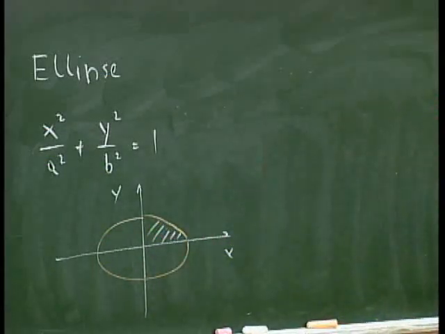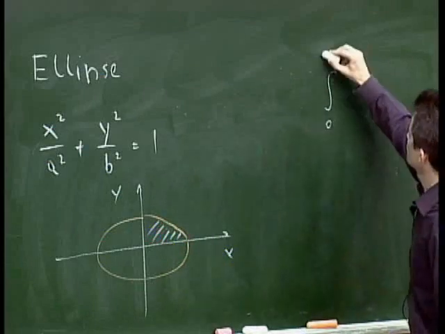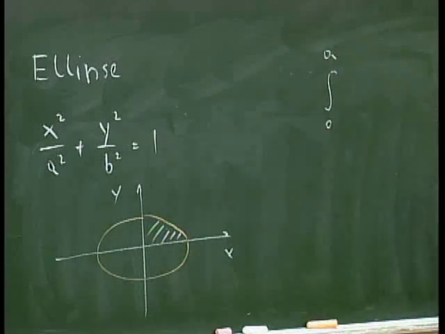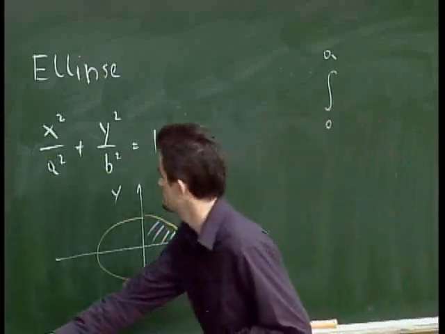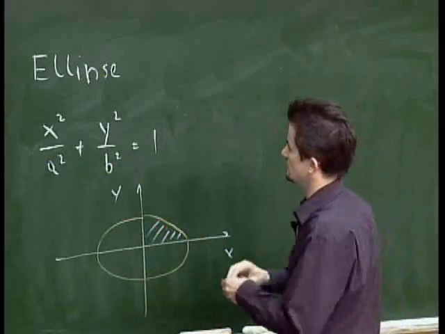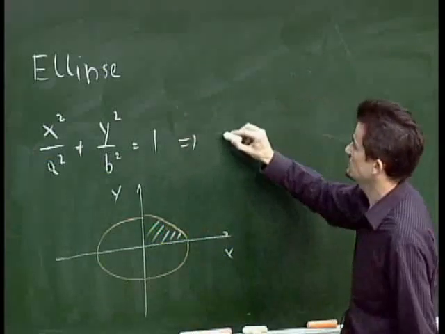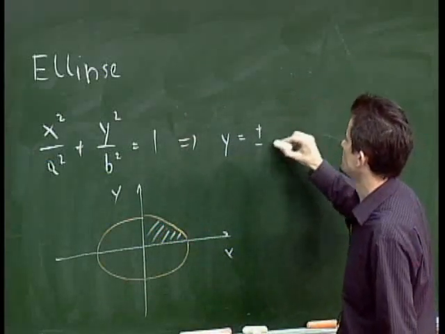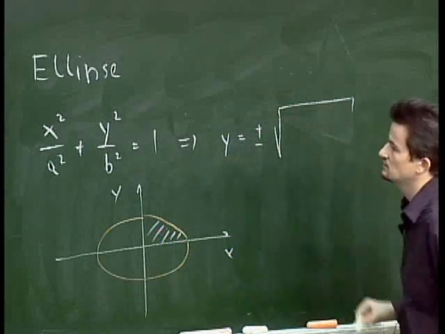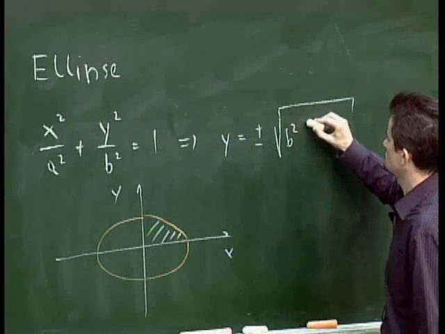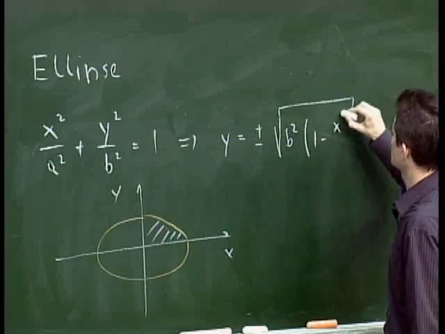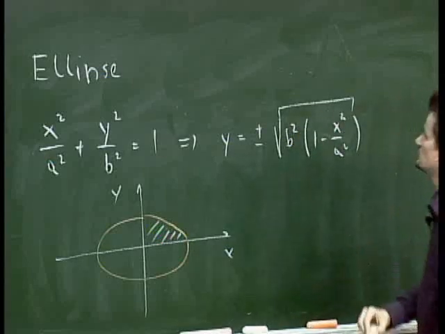So we have to compute the integral from 0 to a. Now we have to solve this for y. So y is equal to plus or minus the square root of b squared times 1 minus x squared over a squared.